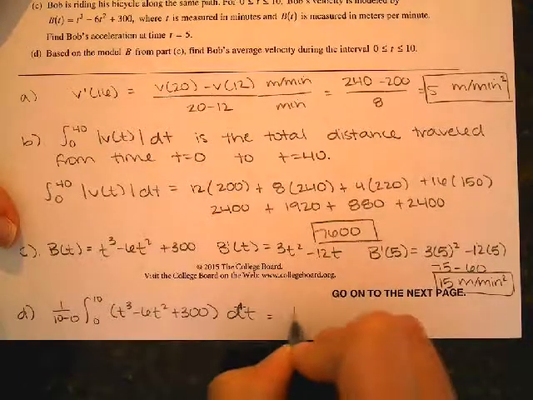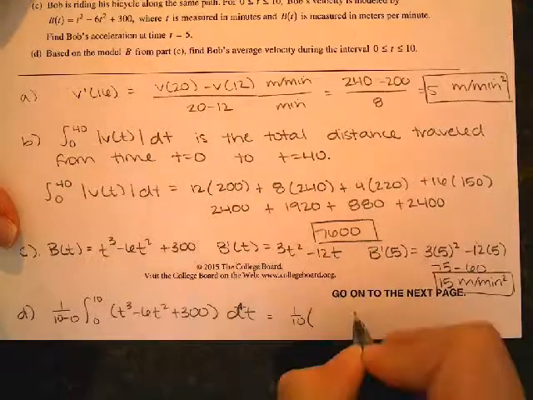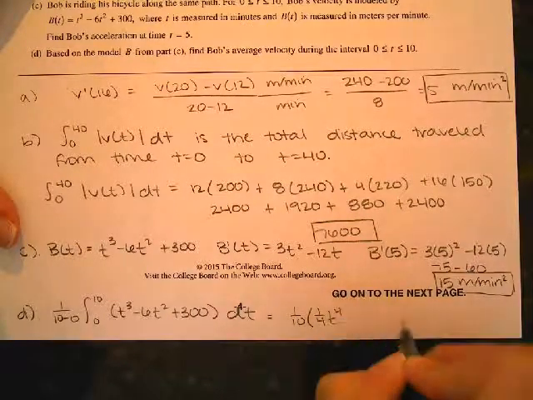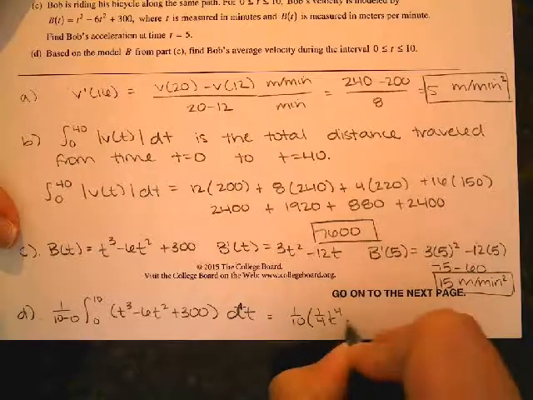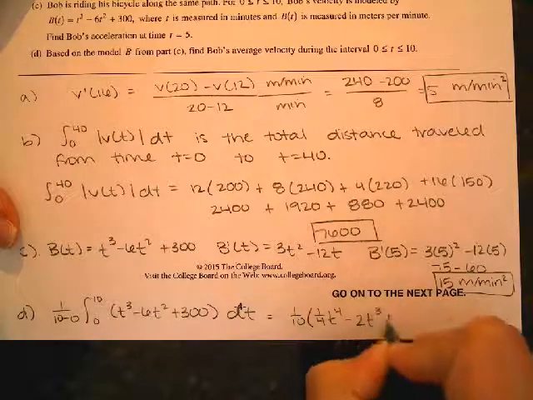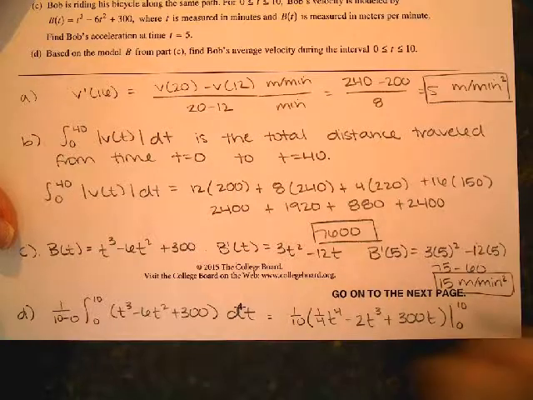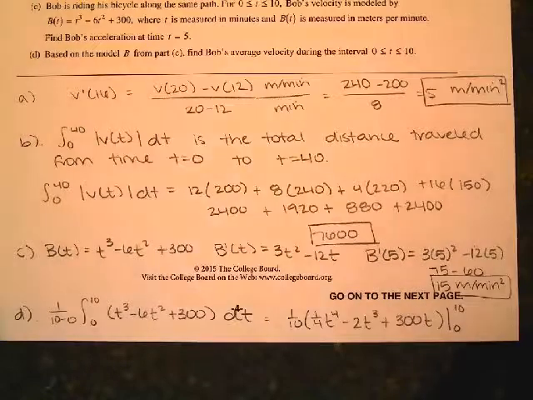So we've got 1/10, and then we've got 1/4 t to the fourth minus 2t to the third plus 300t evaluated from 0 to 10. You cannot stop there. You have to plug the numbers in if you're going to leave it unsimplified.